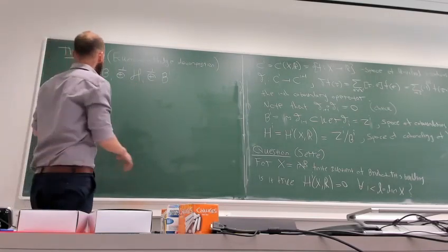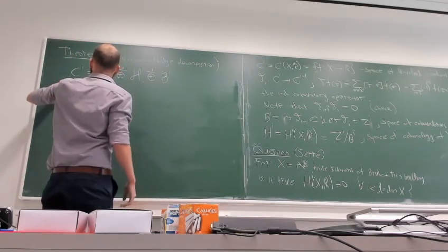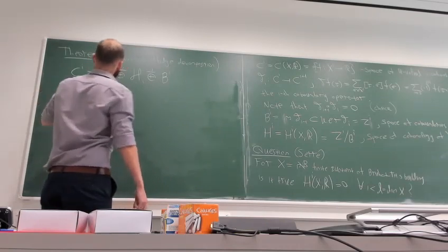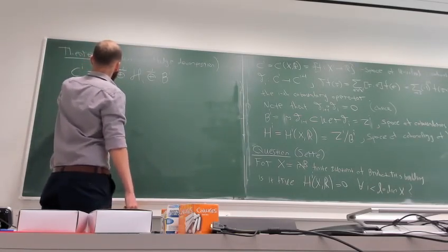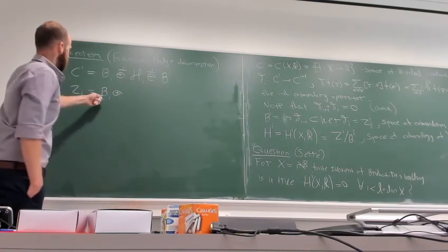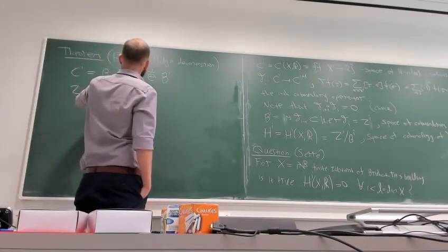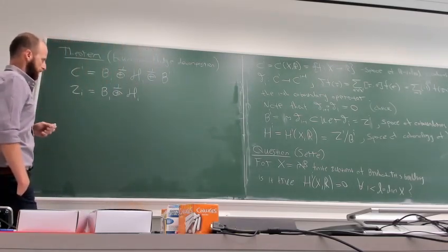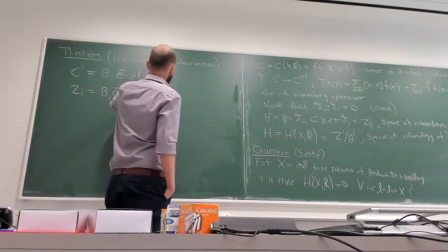And not only that, the cycles, which I know contain the boundaries, also contain as a direct summand of the boundaries the space of harmonics, and same goes for the cocycles.